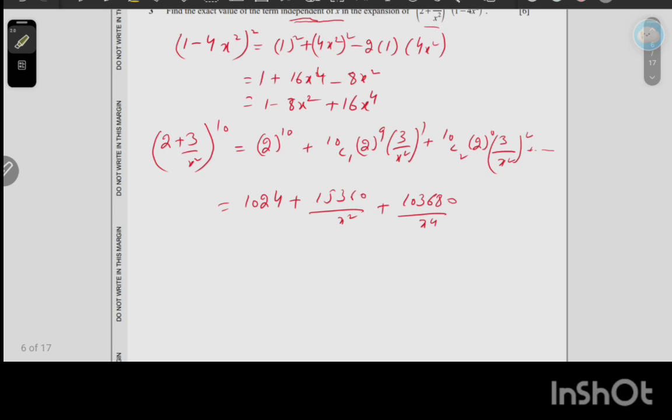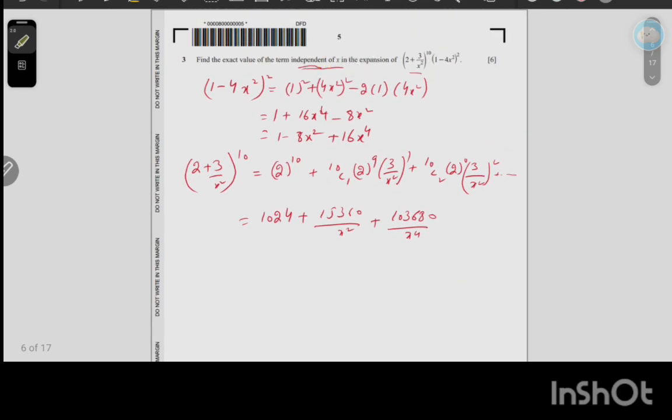Now dear student, we have to multiply all these things, because the expression is (2 + 3/x²)^10 (1 - 4x²)².